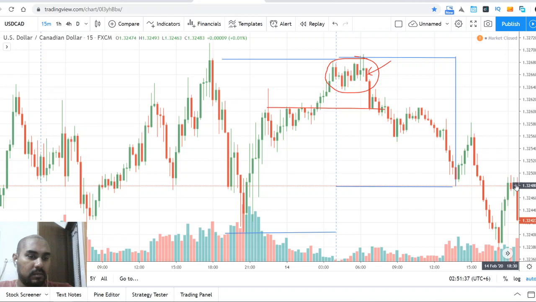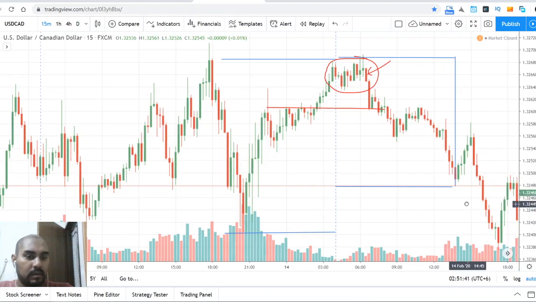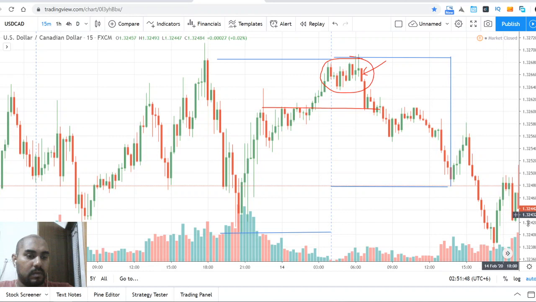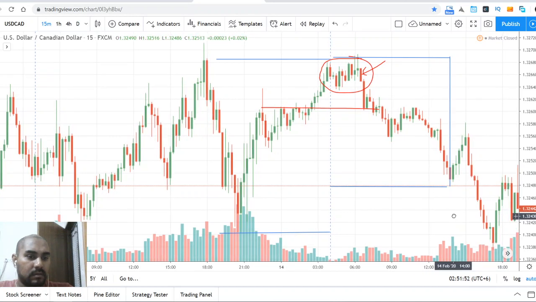Okay, which means the sellers have started digesting. The buyers try again. Can't make a higher high. I mean, it went up but came back in again. So no higher high.